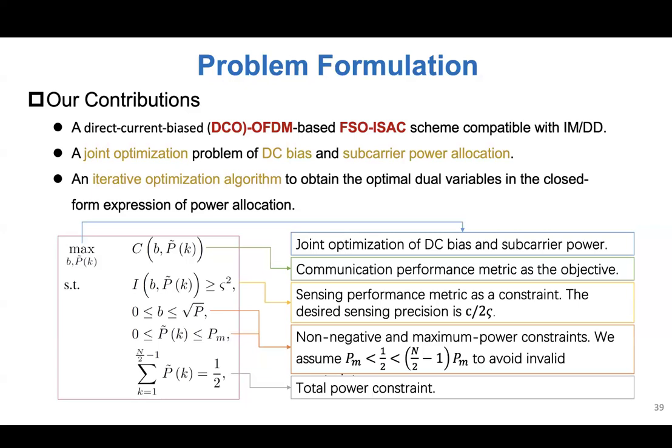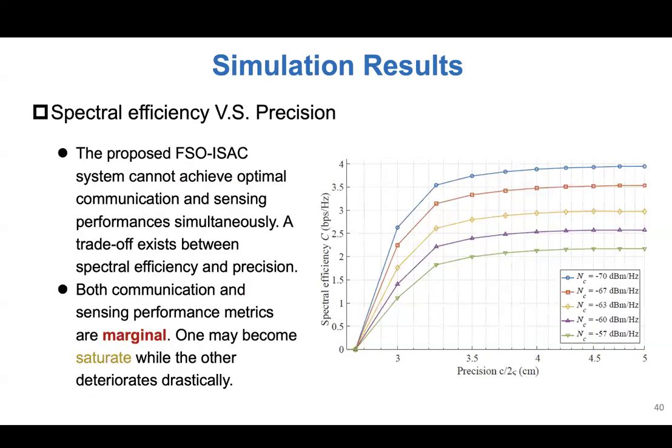They have the joint optimization for the DC bias and subcarrier power for the communication performance under the constraint of the sensing performance and power constraint and some other physical constraints for the LiDAR system.